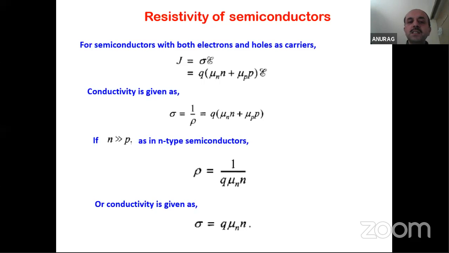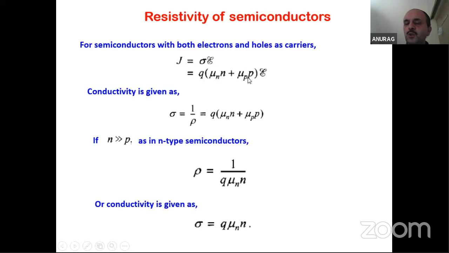So in an n-type semiconductor, n is very, very large in comparison to p. So in this relation, if n is maybe 10,000 times higher than p, then this second factor you can neglect, because in the mobility there is a difference.